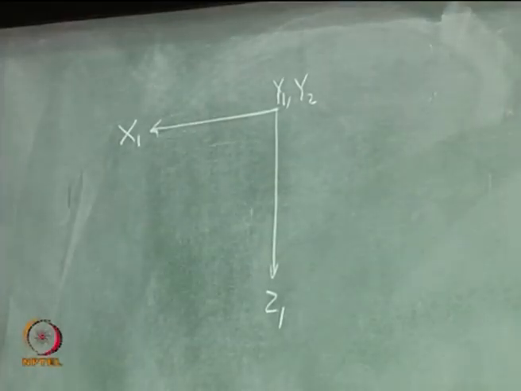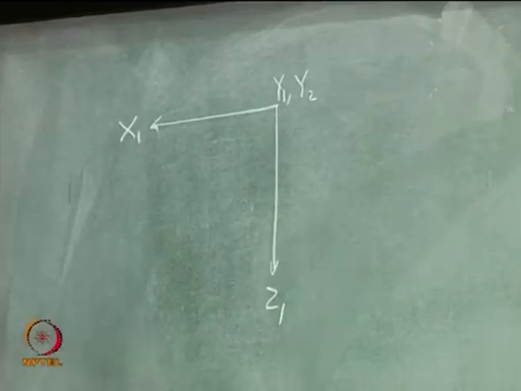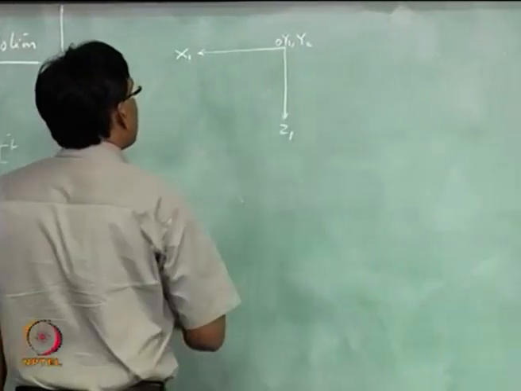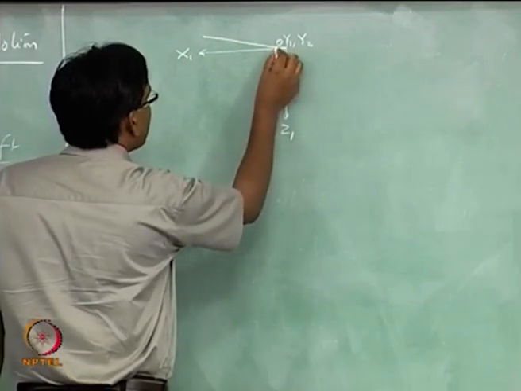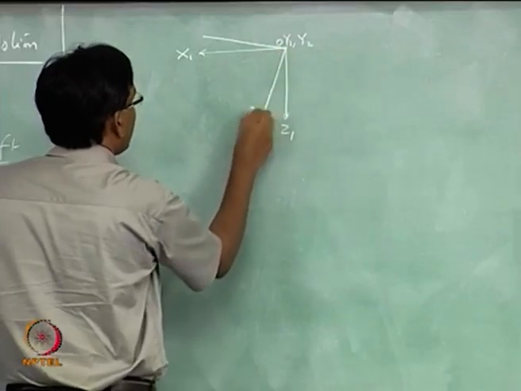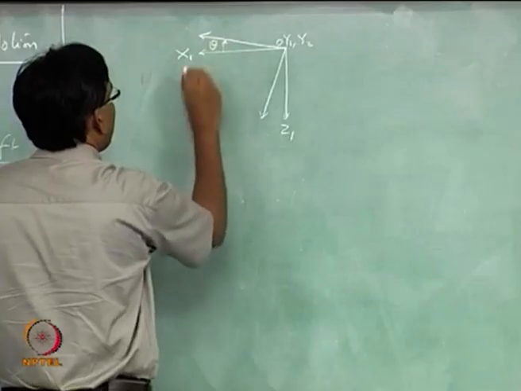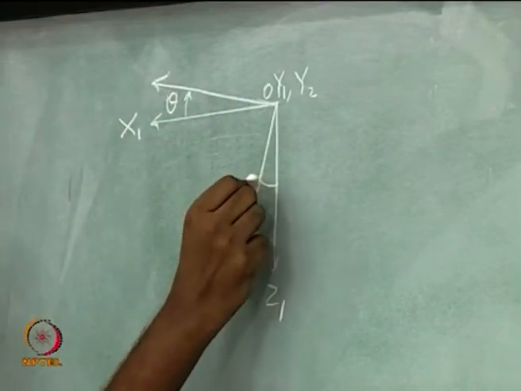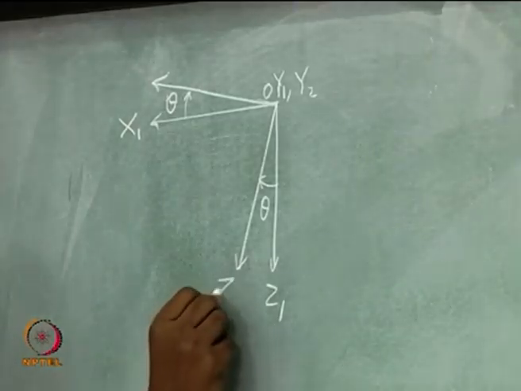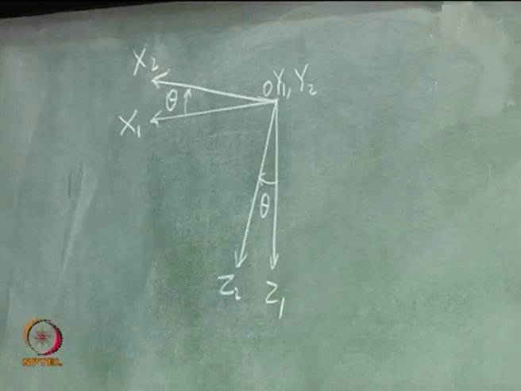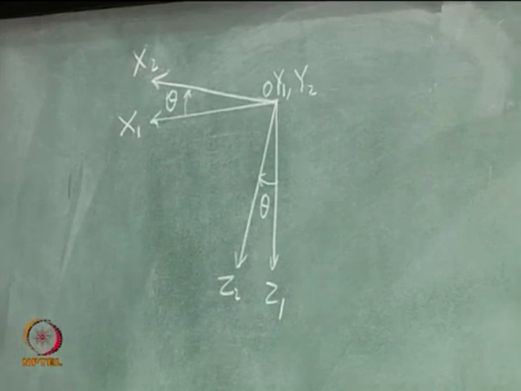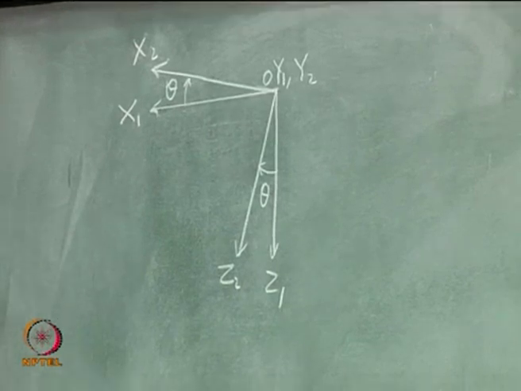The rotation is about y1, so y2 is going to be y1, right. Okay, so repeat that exercise and you can find out, okay.